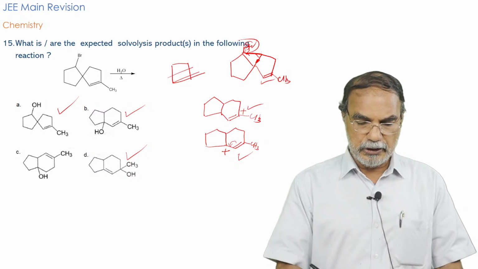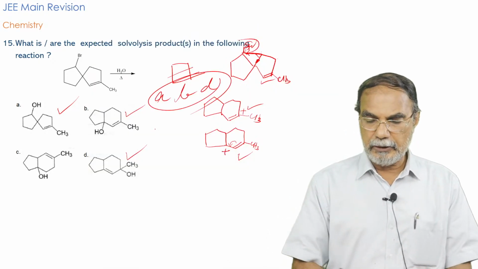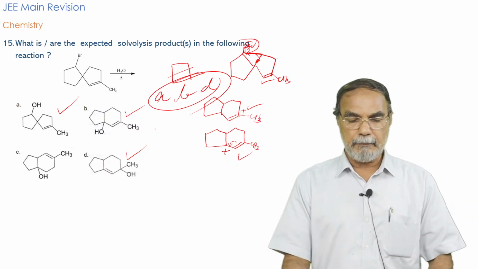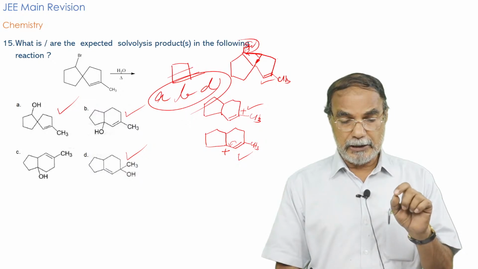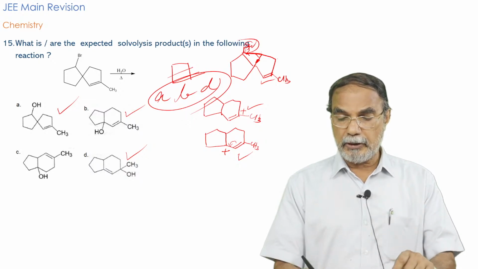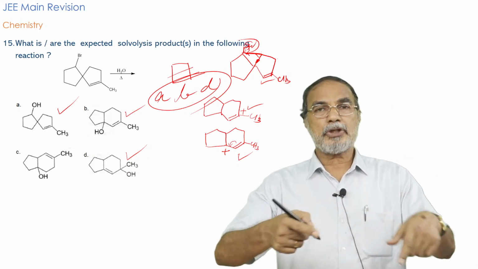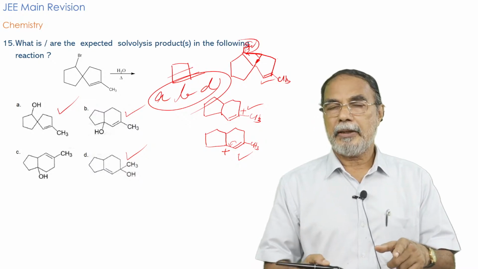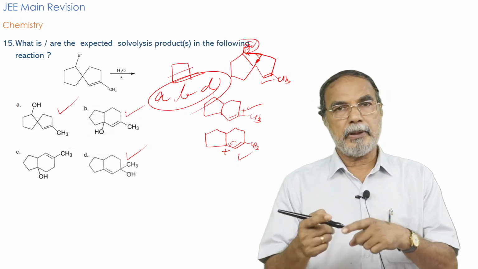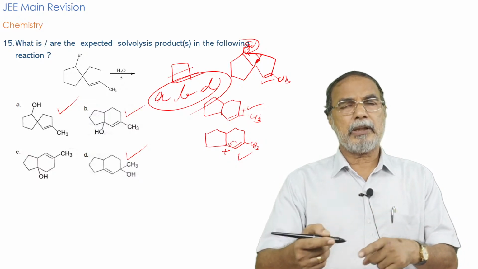So the solvolysis products are A, B and D. You have all the 3 products A, B and D in solvolysis. A good question, because one has to know about the possibility of rearrangement by ring expansion. That is possible in the case of carbocations. In certain reactions you have ring expansions: a 5-membered ring can become a 6-membered ring, or a 4-membered ring can become a 5-membered ring.